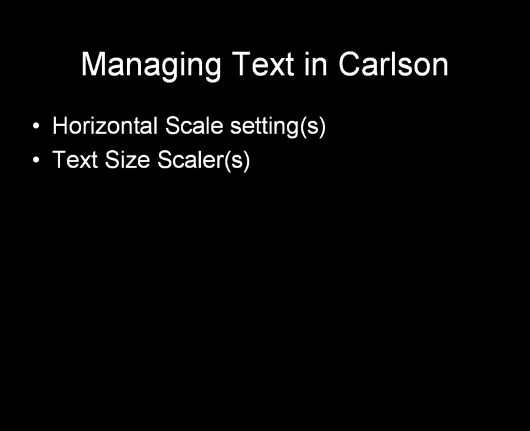So with Carlson, if we want a plotted text height of 0.1, we're going to set up that text size scaler to be a 0.1. What Carlson then does for us is multiplies the scalar versus the horizontal scale. So let's just do the math a little bit. We're talking about a horizontal scale of 100, text size scalar of 0.1, comes out to a text height in our drawing of 10. So it all works together.